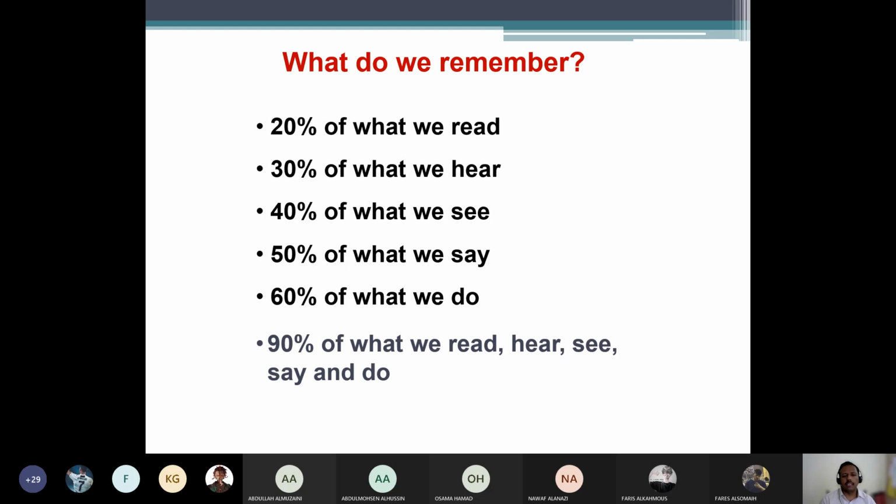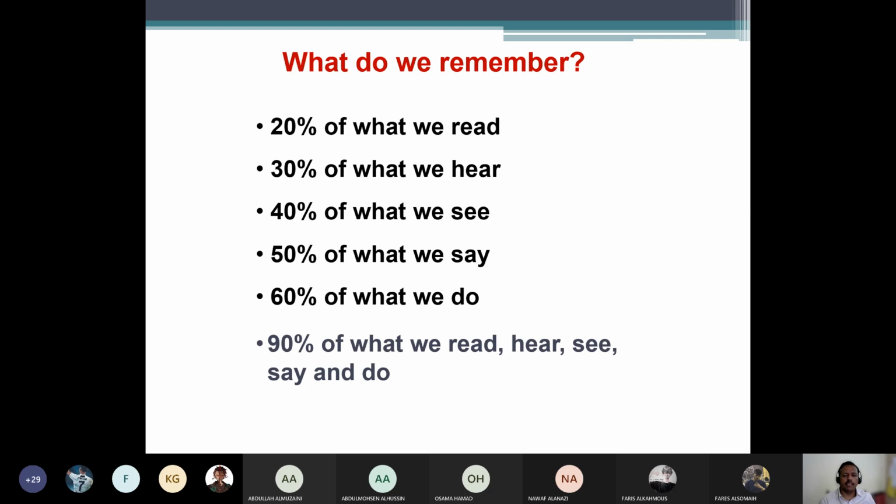Then the last one: if you combine them together, you read the knowledge, you say the knowledge, you hear the knowledge, and you perform the same activities, then the next time I ask you, you may be able to answer 90% of the questions or information related to that subject. What is the meaning of this slide?